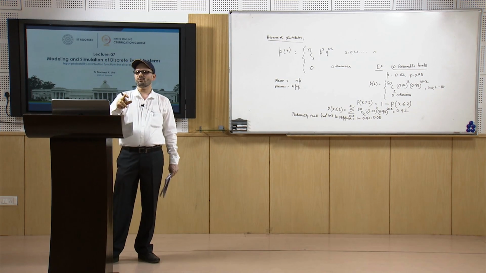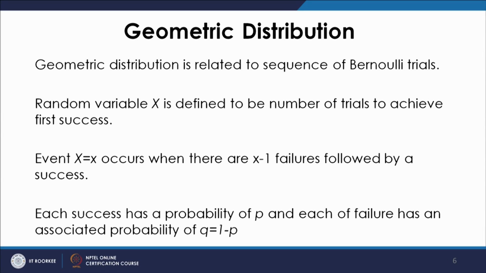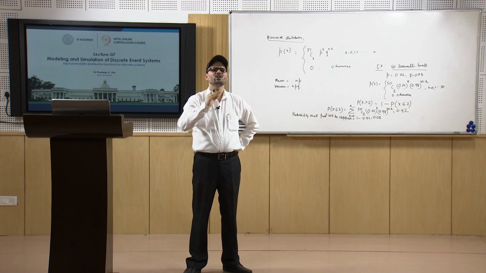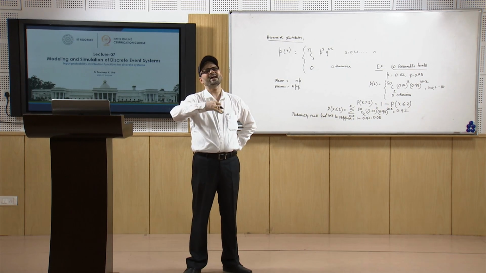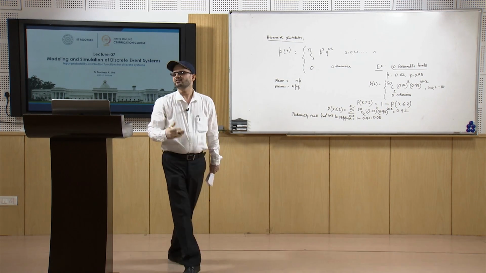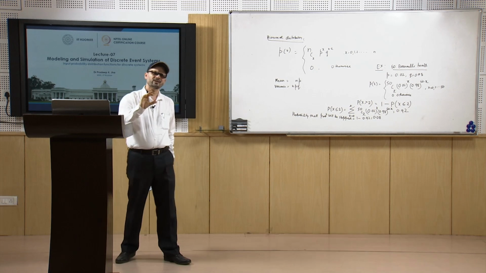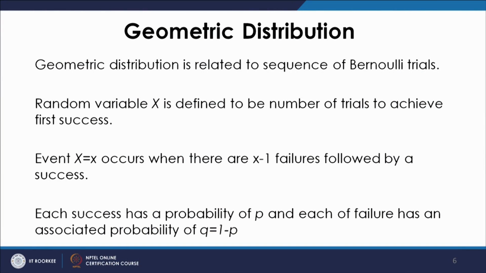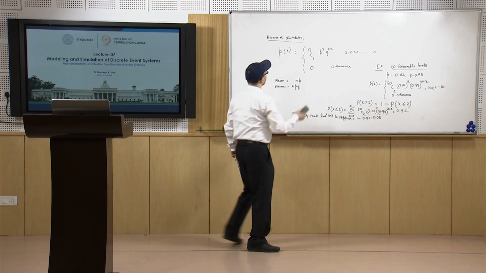So, x equal to x occurs when there are x minus 1 failures. You go to x trials, up to x minus 1 you have failures, and then the xth event is a success. The probability of success is p, and failure has probability 1 minus p.